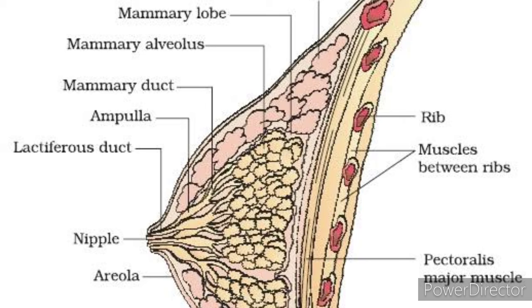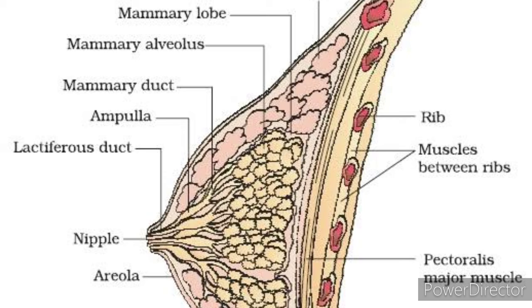You can also see the ribs, the muscles between the ribs, the pectoralis major muscle and the attachment of the mammary gland. These paired structures, also called breasts, contain glandular tissue which helps in the secretion process, and a variable amount of fat.